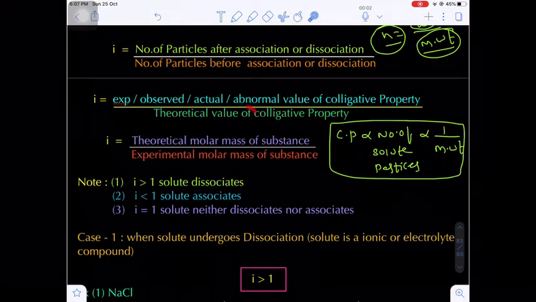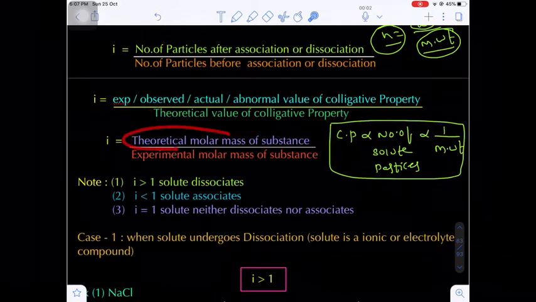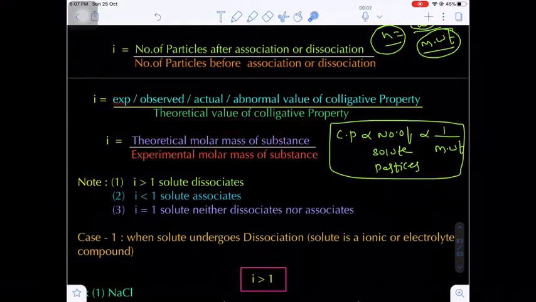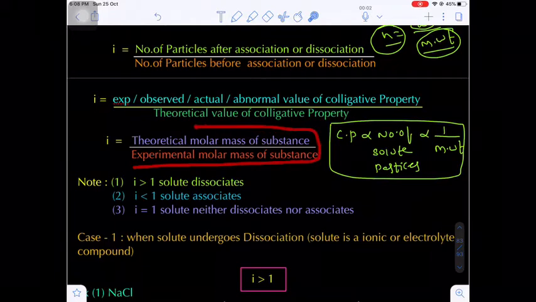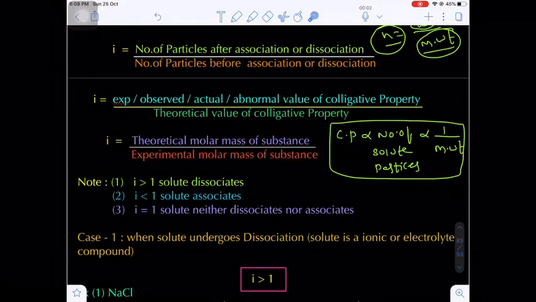That means the theoretical value of the colligative property in the denominator will be written in the numerator as the theoretical value of molar mass. Theoretical value of what? Molar mass. In the numerator, instead of the experimental, observed, actual or abnormal colligative property, I am writing experimental molar mass or abnormal molar mass, otherwise observed molar mass.